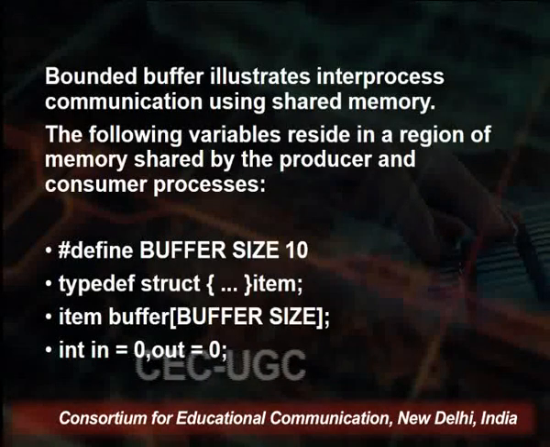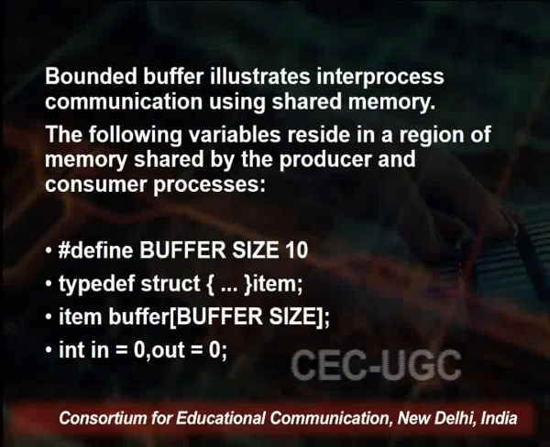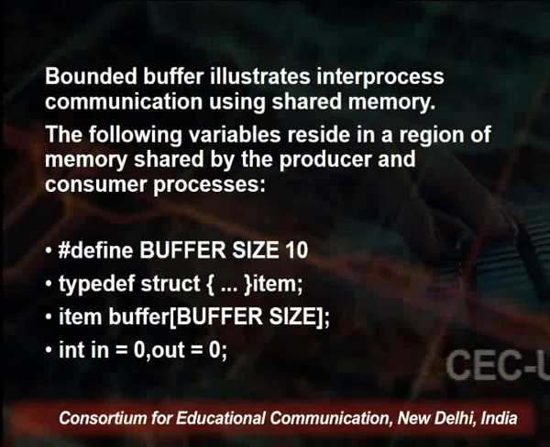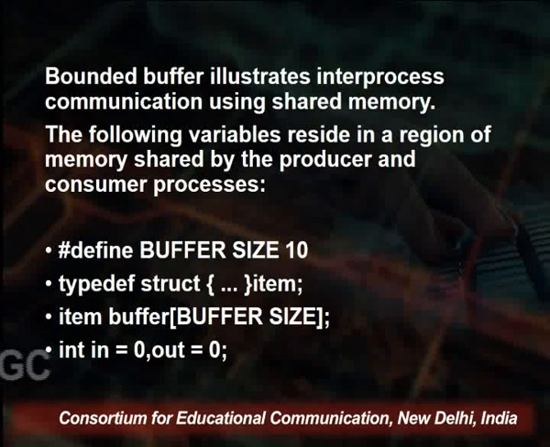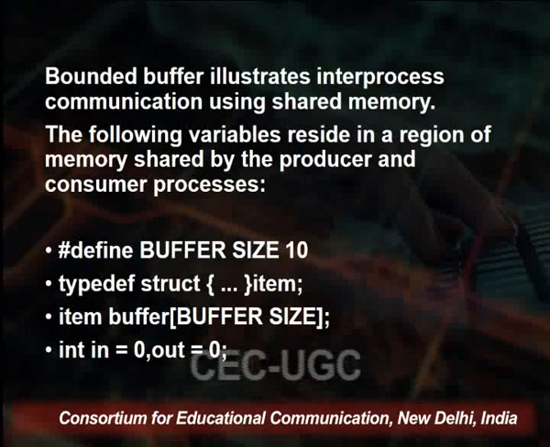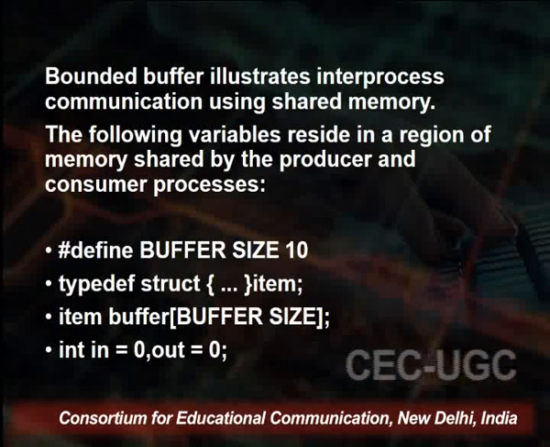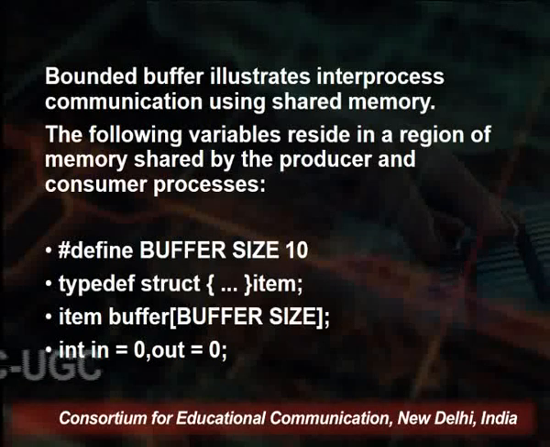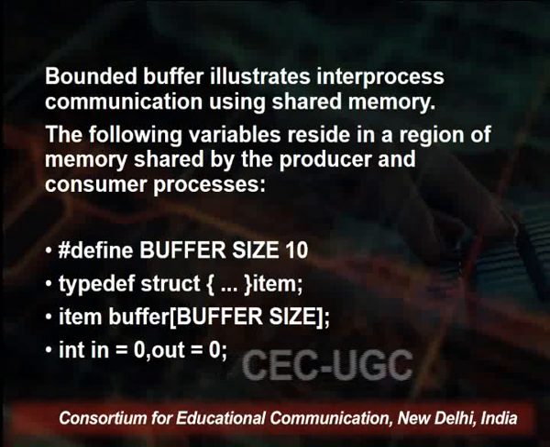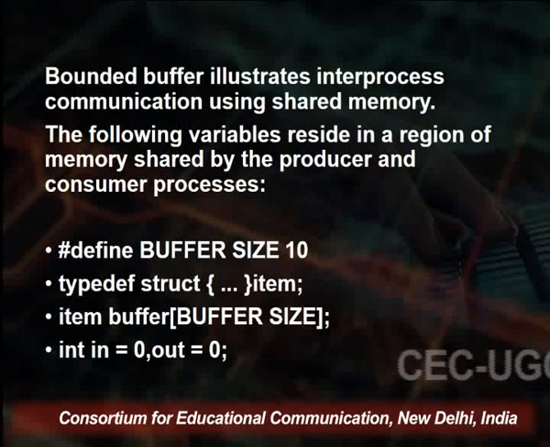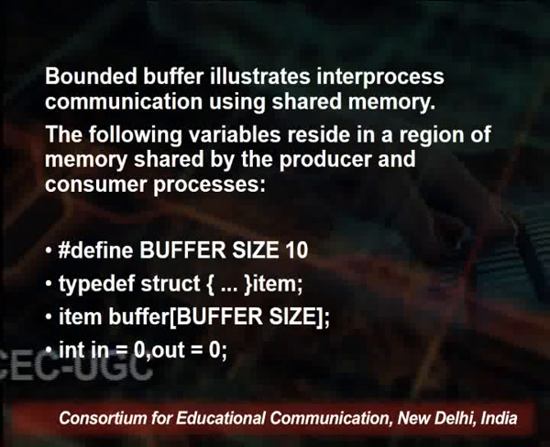Then, when we talk about the bounded buffer problem in more detail, it illustrates inter-process communication using shared memory. There is a shared memory, and inter-process communication happening between two processes, the producer process and the consumer process.